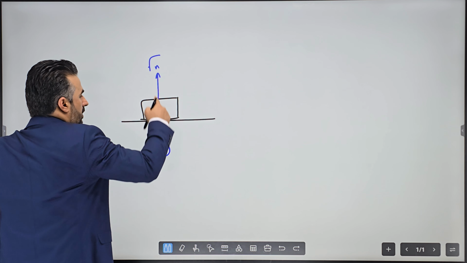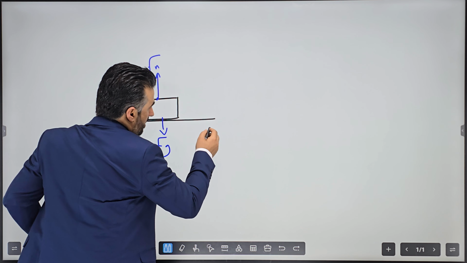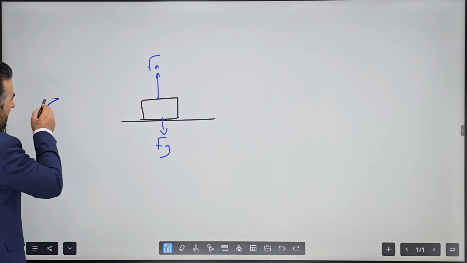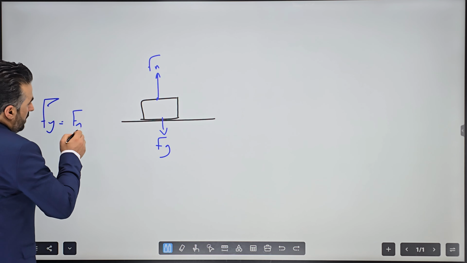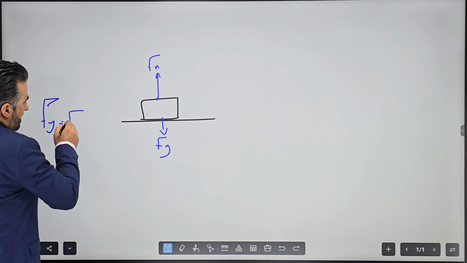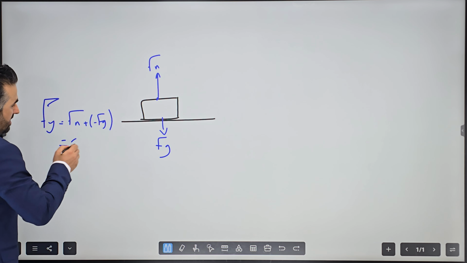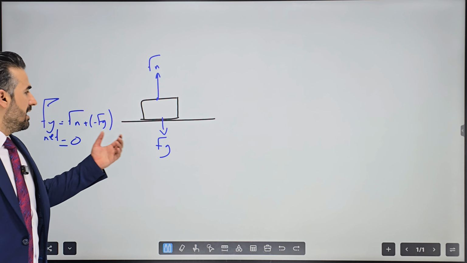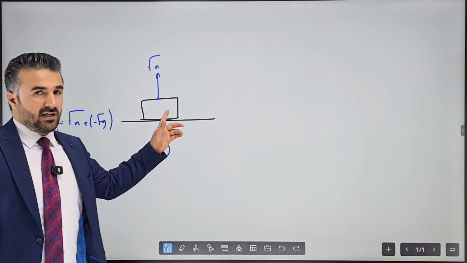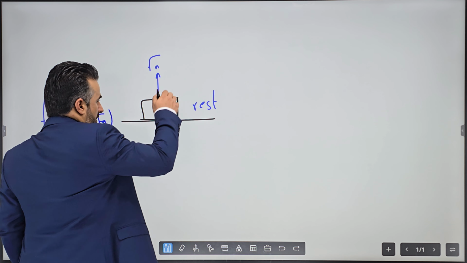If these two are equal in magnitude and opposite in direction, then they balance. On the y-axis, Fy is F normal plus minus Fg, and these two sum to zero. That would be the total force acting on the object. If the net force acting on the object is zero, then this object stays at rest. It's not going to move down or up.